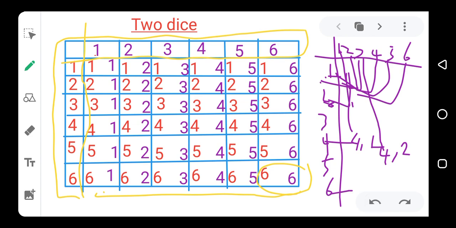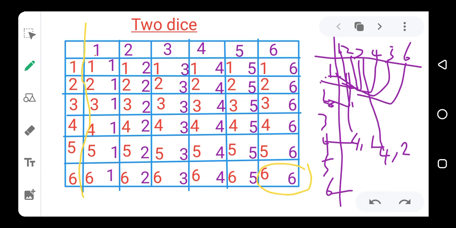Now, we say that out of 36 outcomes, we have only one that is 6, 6. That is 6 in the first row and 6 in the second row. Now we say that the probability of getting 6, 6 is 1 out of 36, which is 1 over 36.